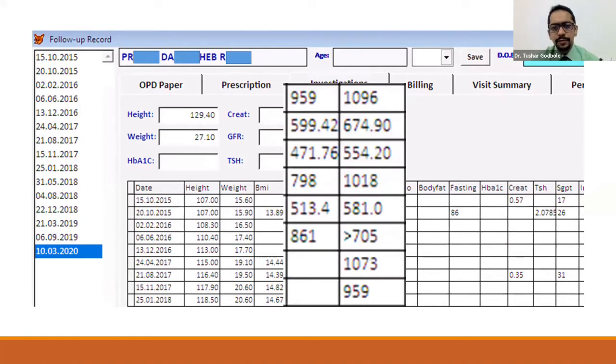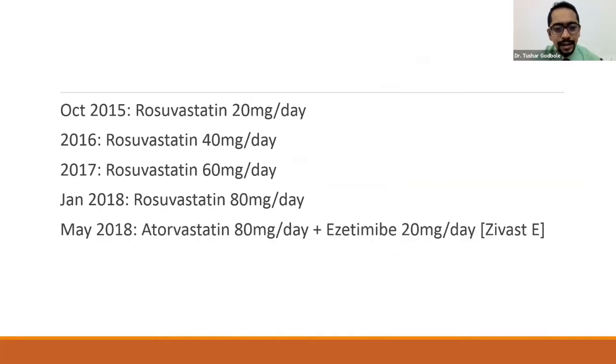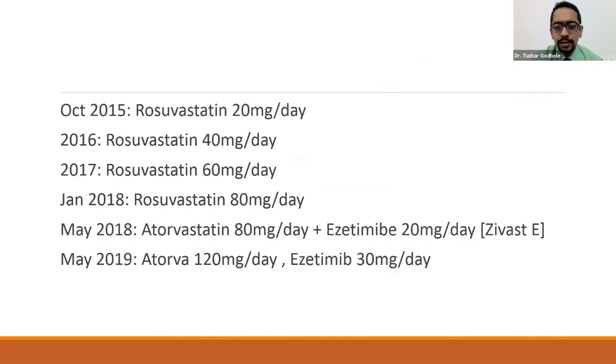At 4 years of age, we started treating this child, and look at this response of LDL and total cholesterol. We clearly could not achieve the target LDL levels. So we kept on increasing the doses of statins, starting from 10 milligrams to 20 to 60 to 80. In the published literature, I could find the highest dose of statins to be 80 milligrams per day.